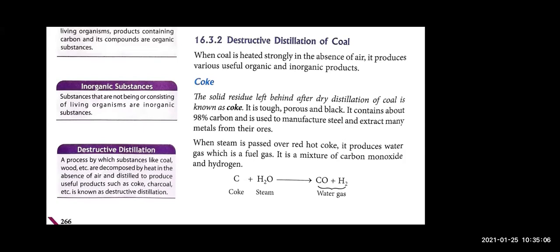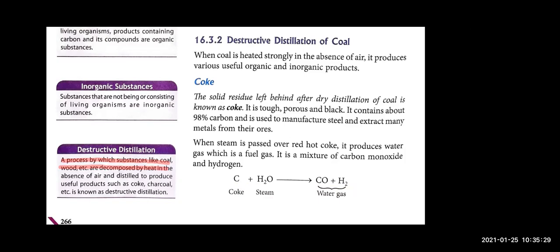Please underline the definition: it is a process by which substances like coal and wood, you are decomposing them, means coal and wood will break down and produce coke, charcoal, coal gas, right?